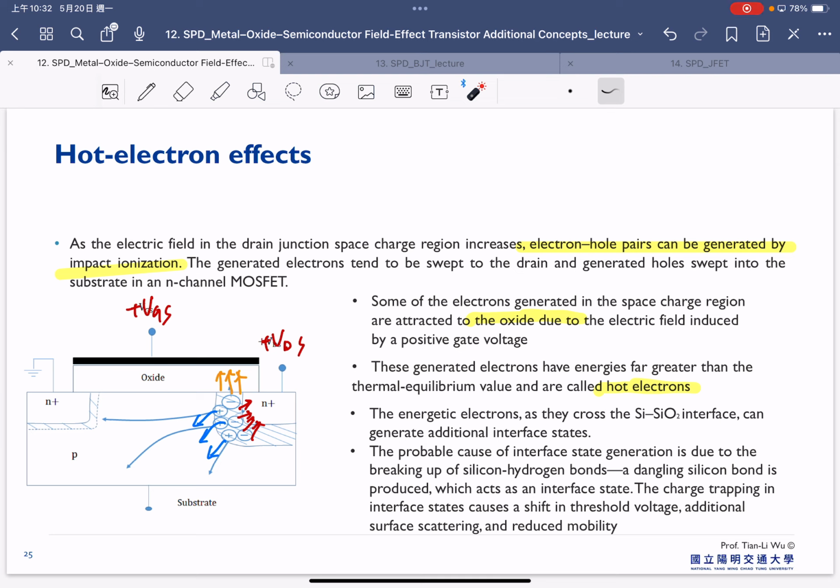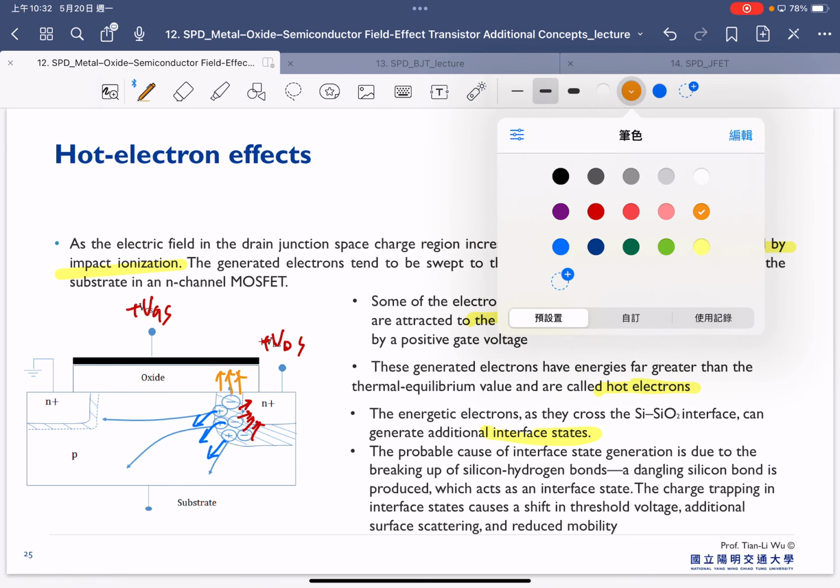So the energetic electron will cross the silicon dioxide interface and then generate additional interface states. That means once this electron moves to the top, it will actually damage this interface.